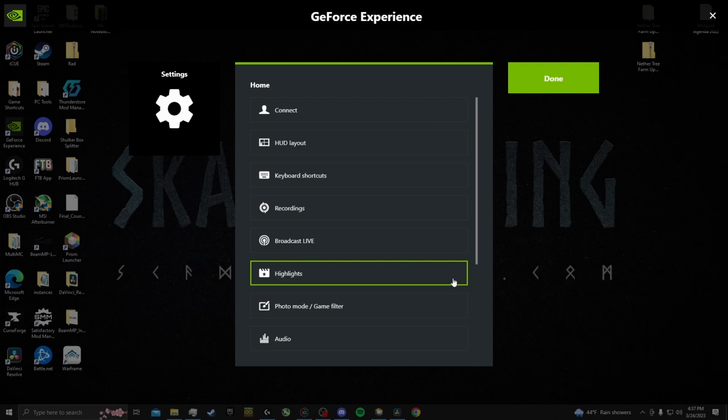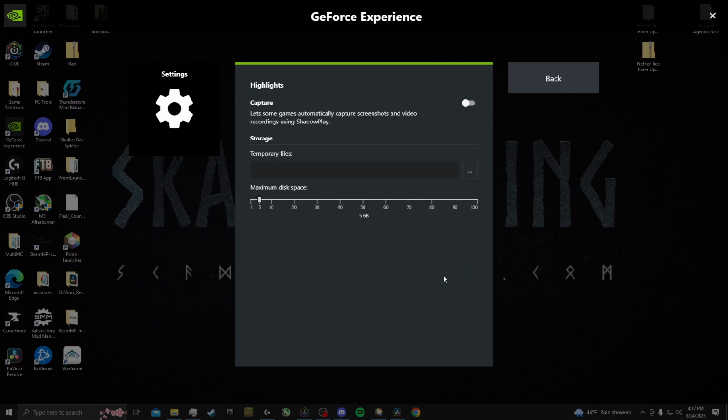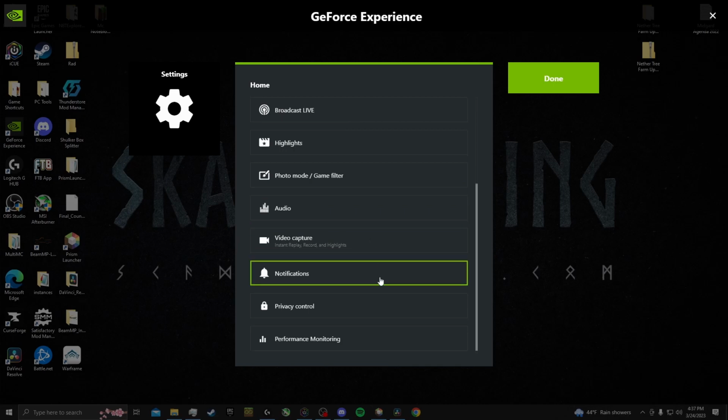For those of you who don't know, NVIDIA, and only NVIDIA, has this feature where if you get a kill in Fortnite, it records that, and I think it can also take screenshots.